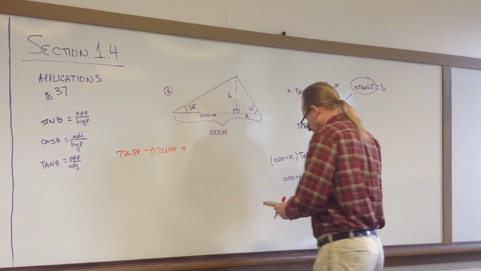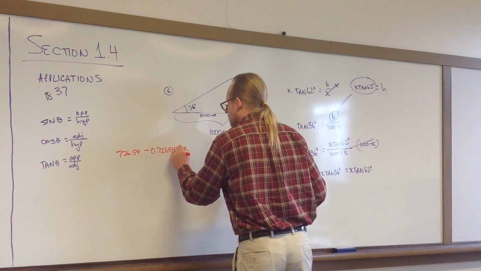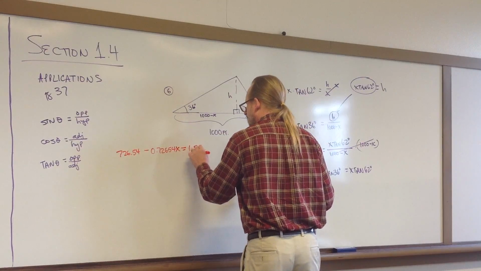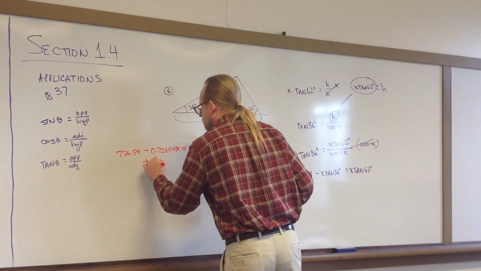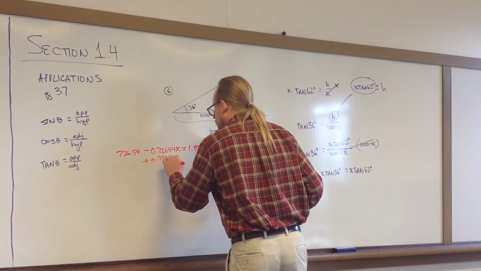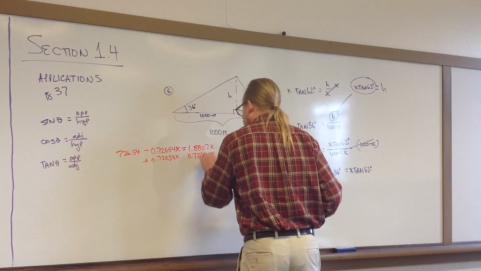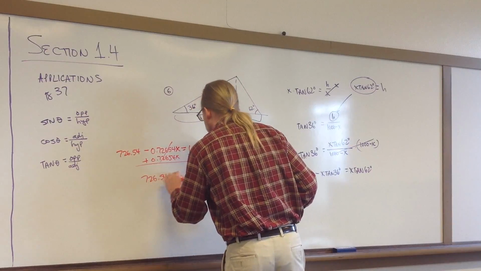And then over on this side, the tangent of 62 degrees, and that gets an x, 1.8807x. So let's add this to both sides, 0.72654x. So 726.54.